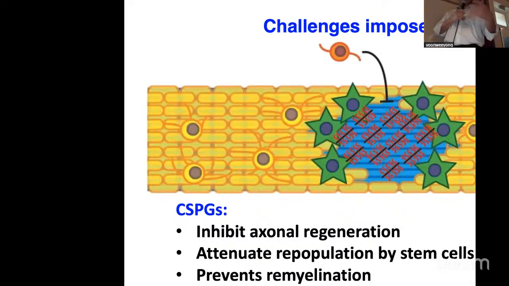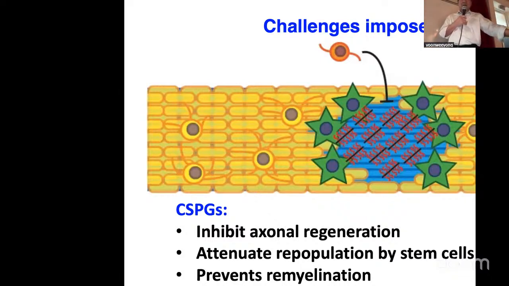So at this point, just a reminder that challenges imposed by CSPGs would include the following: inhibition of axonal regeneration, that's very well documented in the traumatic spinal cord injury field. Haven't shown you this data, but others also in the traumatic spinal cord injury field showed that CSPGs will attenuate the proliferation and migration of neural stem cells and their progenies.